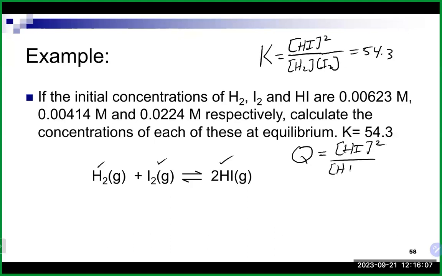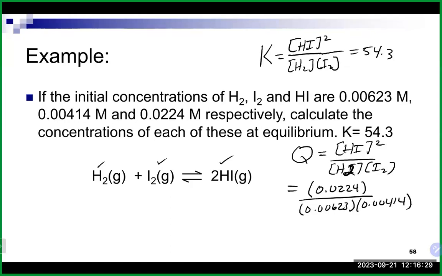And we will put our numbers in. And that would give us here our 0.0224, squared, divided by our H2, just that guy there, which is 0.00623, and 0.00414.